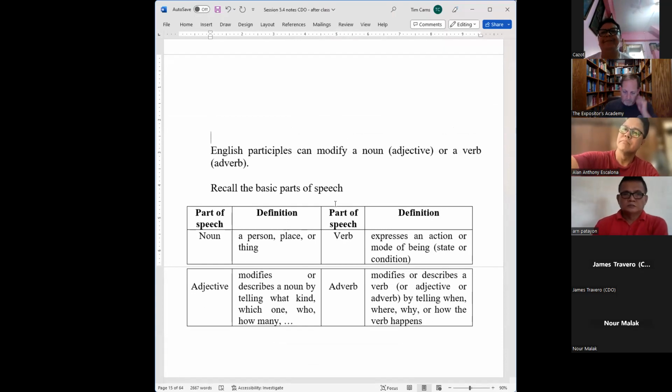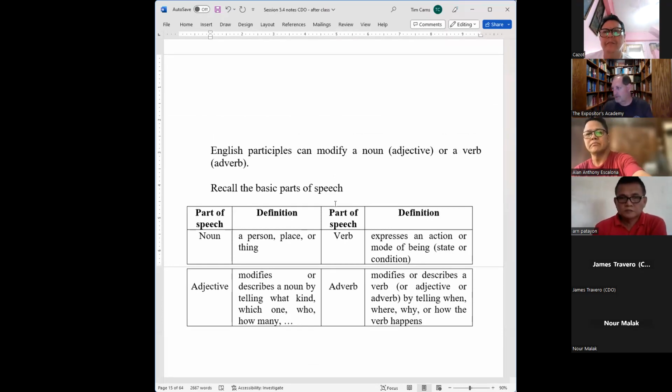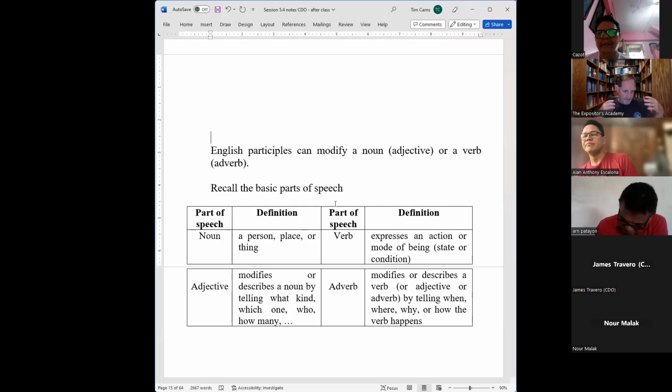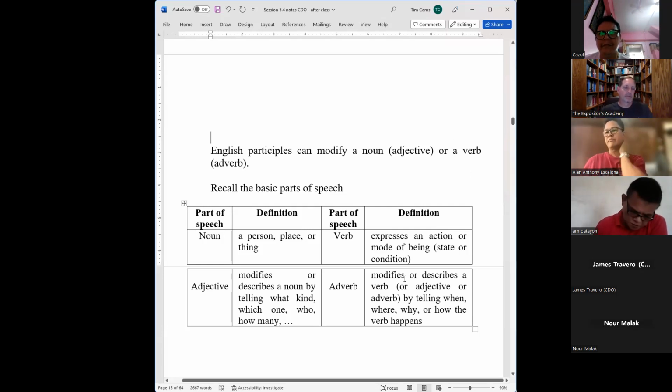That's the right term. There's a noun or a verb, or adjective or adverb. Those are the four fundamental building blocks. When you look at a phrase or clause, that's what they're going to be typically made up of.